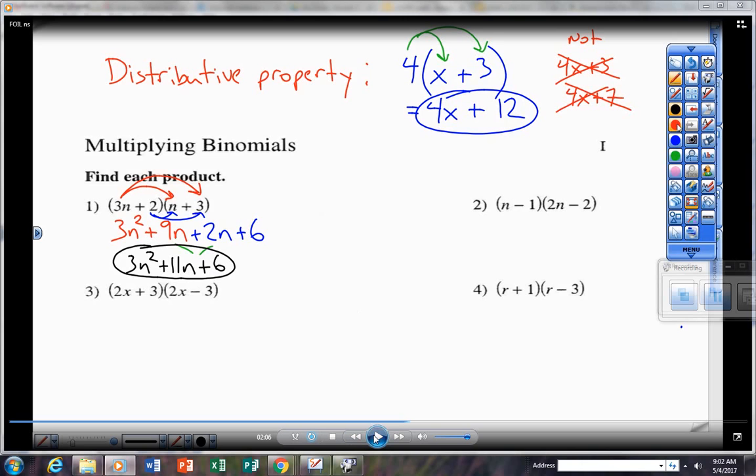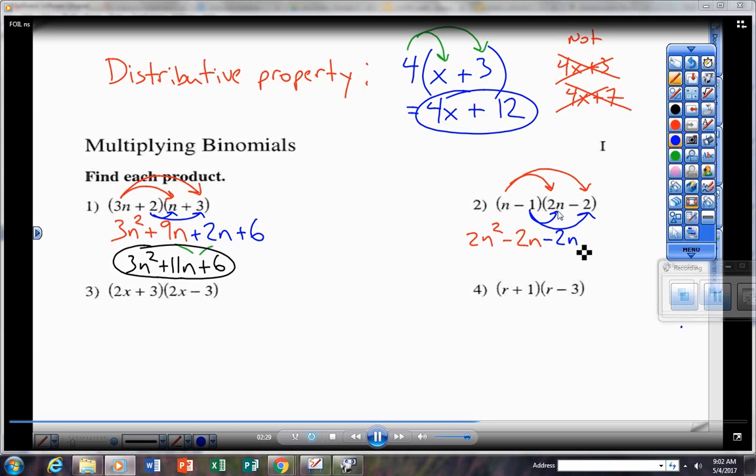All right, here we go. Next one. N times 2n, the first one, is 2n to the second power. N all the way down times negative 2 is negative 2n.